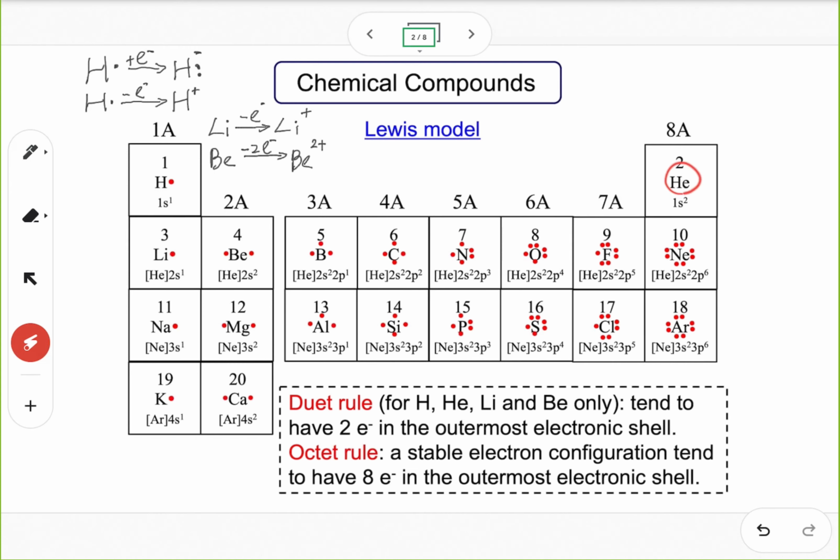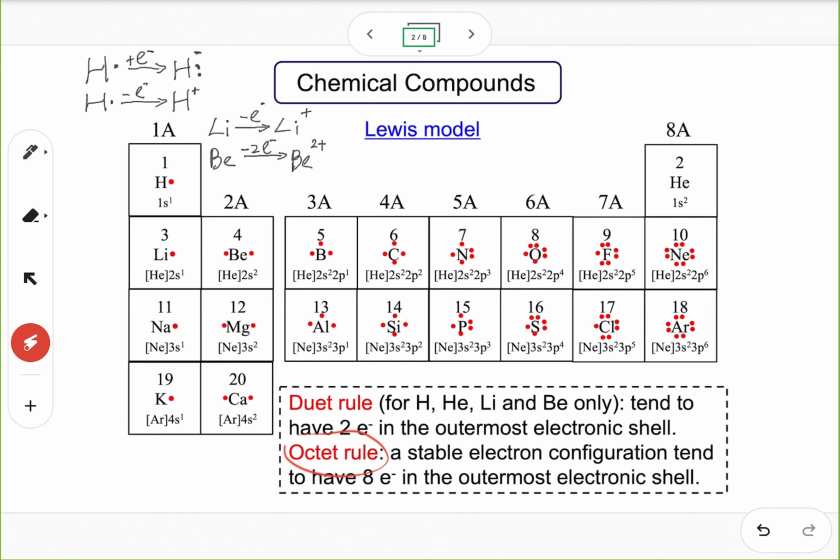That's why we call this whole group noble gas. Later on when we discuss the octet rule, you will realize that neon, argon, krypton, xenon all have 8 electrons in the outermost shell, so they are stable. All right, the duet rule.